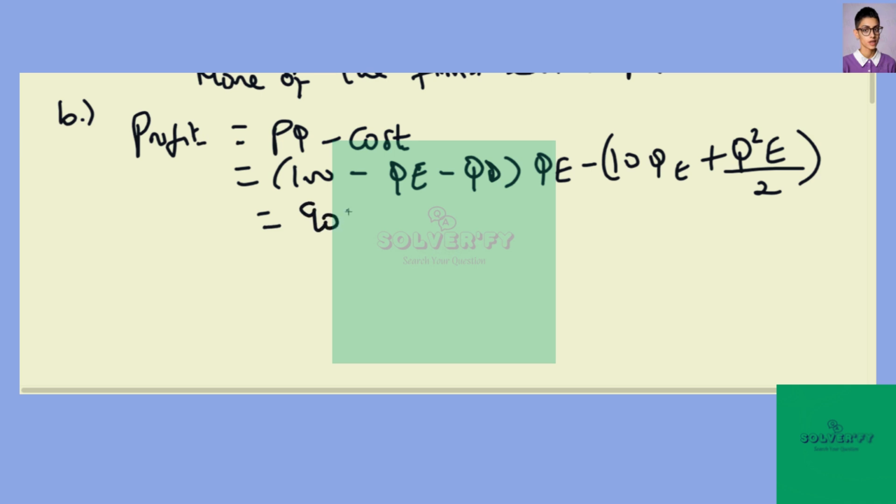This is equal to 90 QE minus 1.5 QE squared minus QE QD.